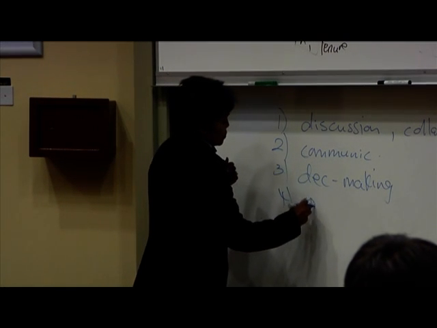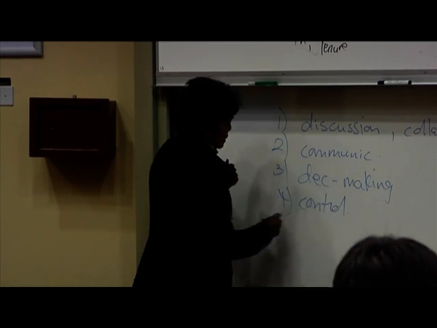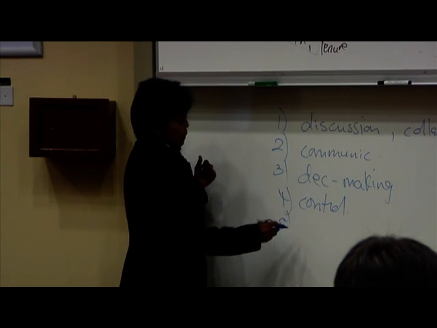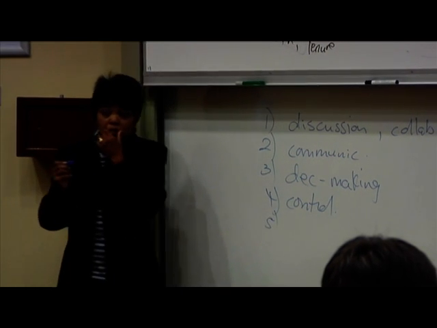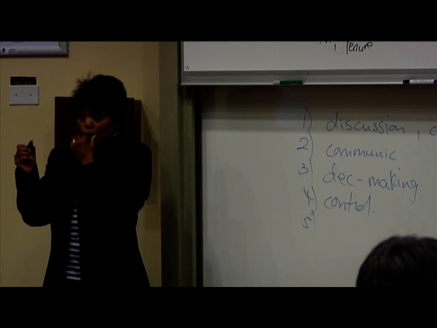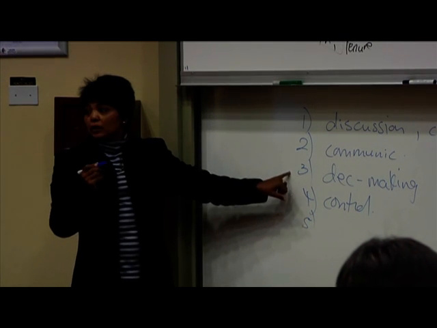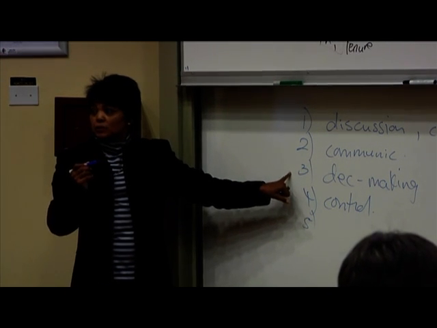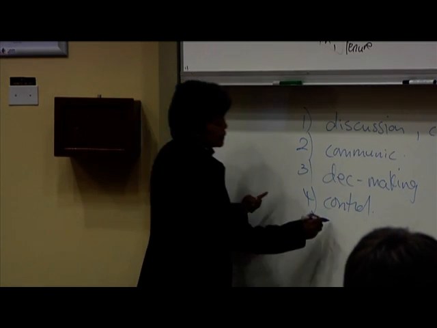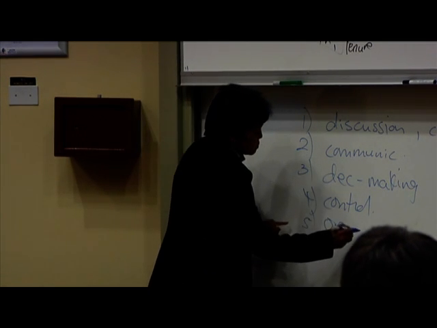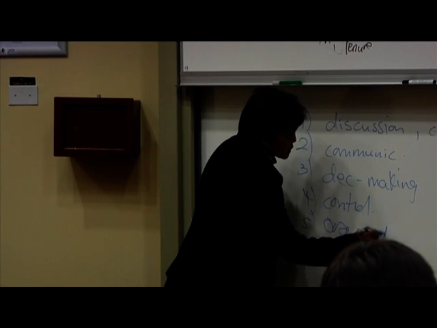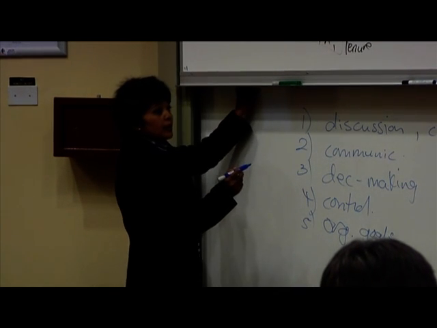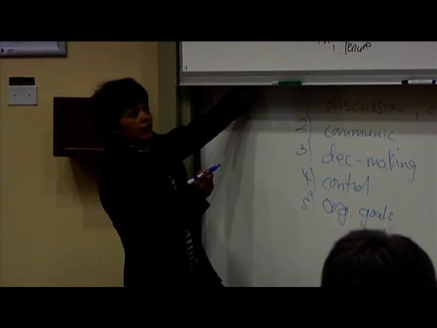Okay. Control. Organizational goals. Who decides about the organizational goals? I'm not going to go with decision making, perhaps, but we could put it in. You can't go more than 5, remember? Organizational goals, and I heard something like absolute obedience.